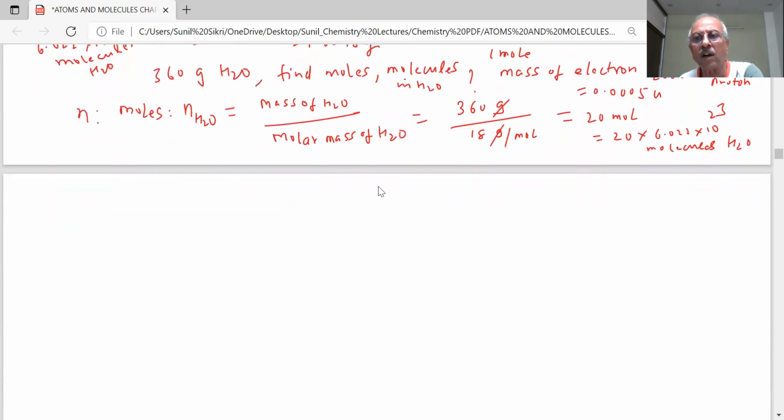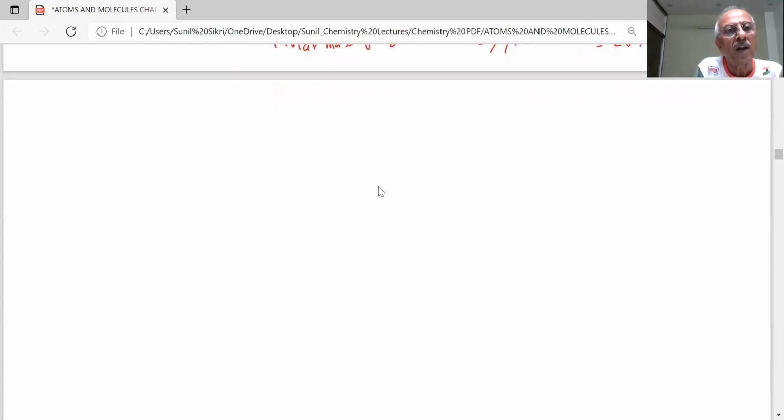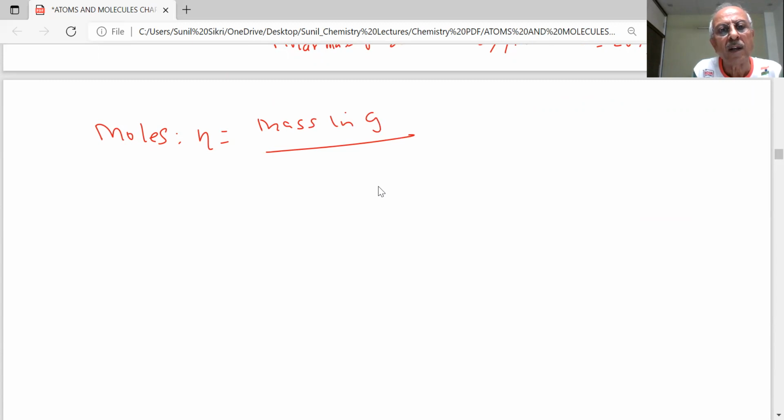Therefore, we now come to a more important thing: if you have to find the moles, student, it is the mass in grams divided by the gram atomic or molecular mass.